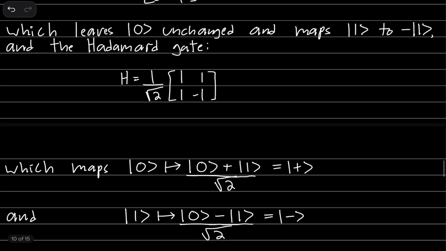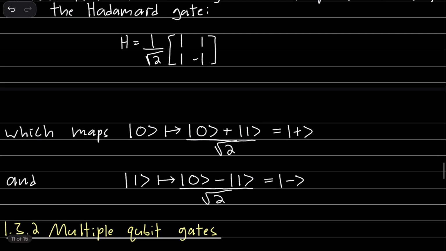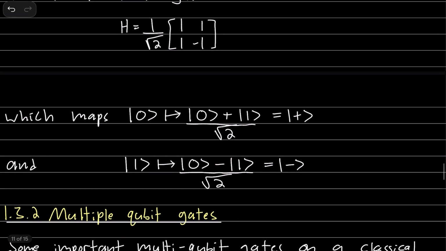This maps ket 0 to an equal superposition of ket 0 and ket 1, which is canonically defined as ket plus, and then maps ket 1 into this superposition of ket 0 and ket 1 with a negative relative phase, right? And that's defined as ket minus.